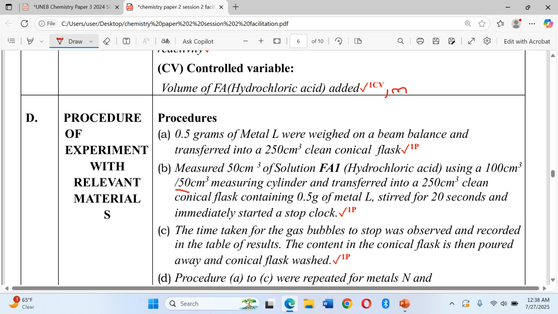When you're giving yours, you don't need to keep on using "or". Here we put "or" so that those people who have 50 cubic centimeter measuring cylinders, or those who have 100, can use any of those.